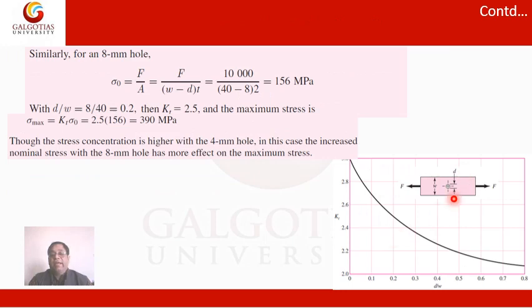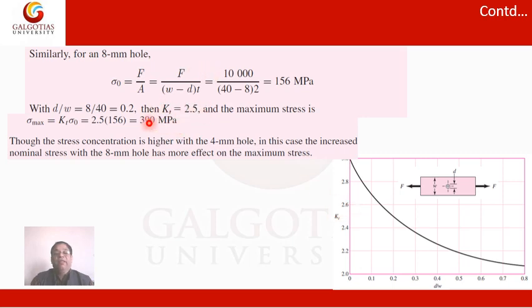So in this second case, similarly, this is an 8 mm hole, other things remain the same. Here again you will find the stress concentration factor. This time the ratio of D by W is 0.2. So you will mark 0.2 and move up, this will intersect here, then you draw a horizontal line. The stress concentration factor is 2.5.